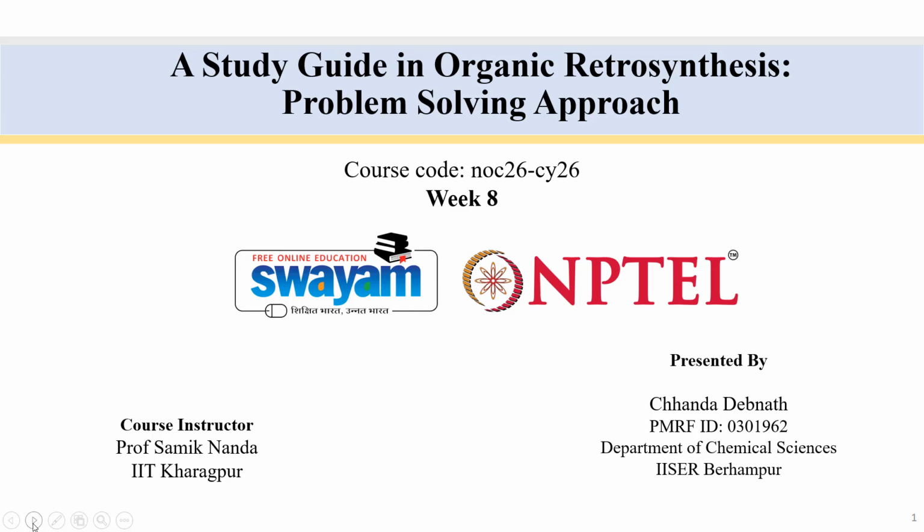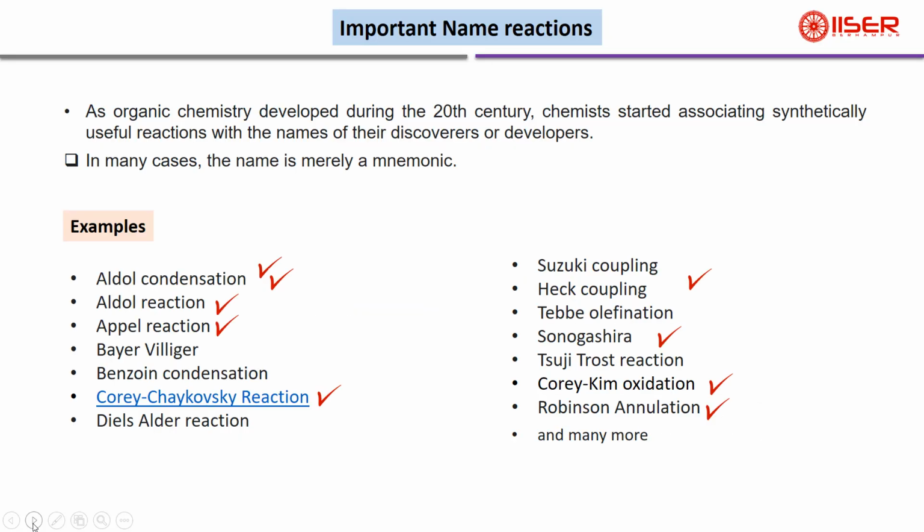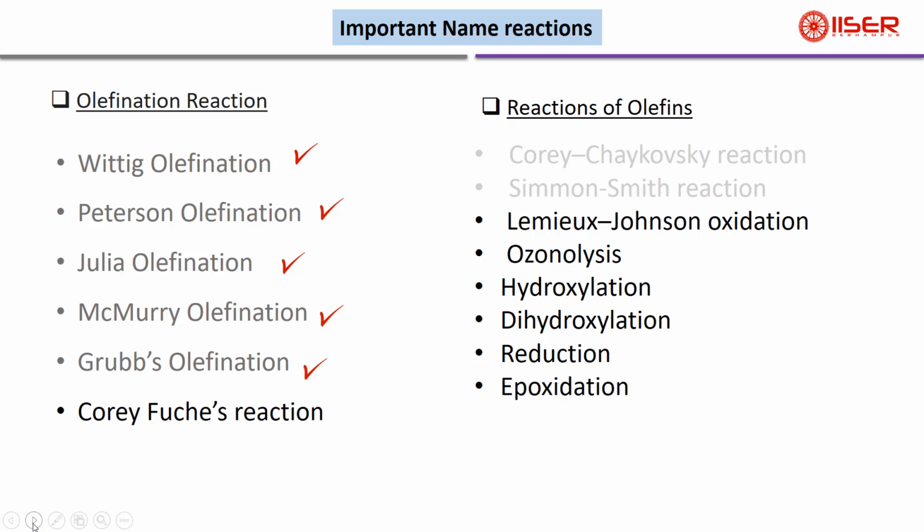So let's start. In the previous classes I have already discussed all these name reactions and many more which I haven't mentioned here. Then we focused on different types of olefination reactions, like olefin formation reactions, and then we moved to the reactions of olefin, like how the double bonds take part in a reaction, how we can functionalize any double bond.